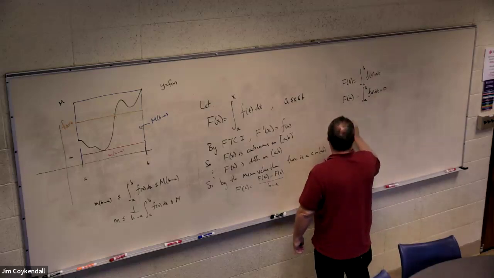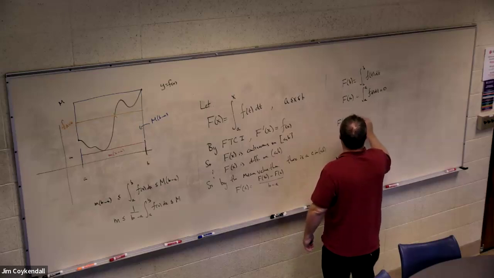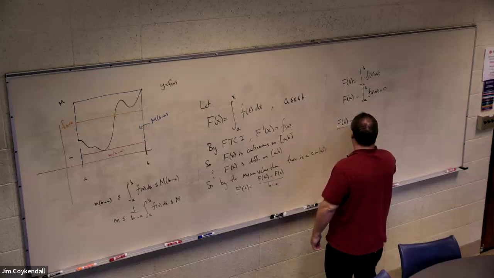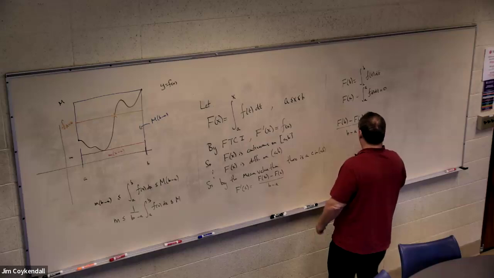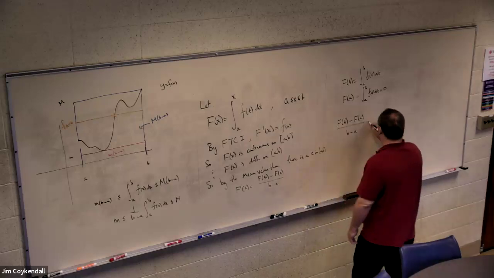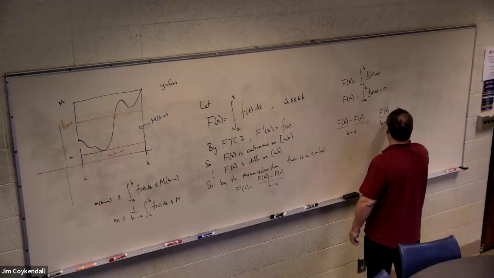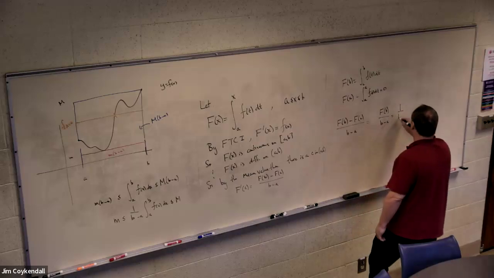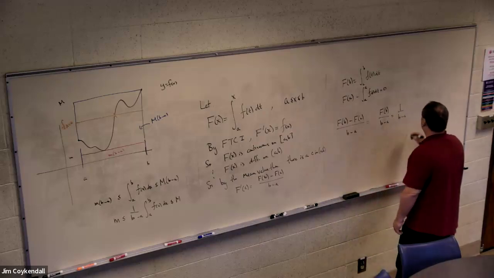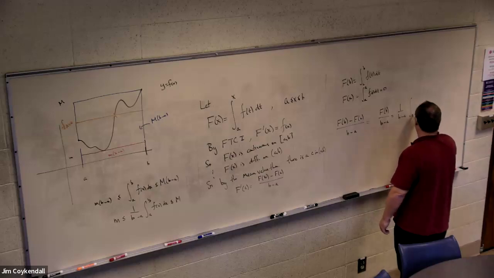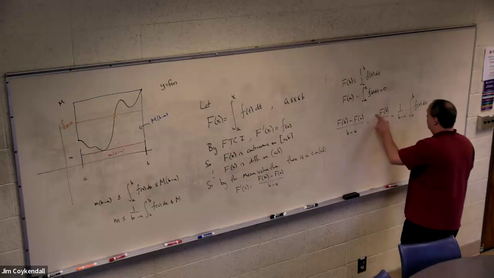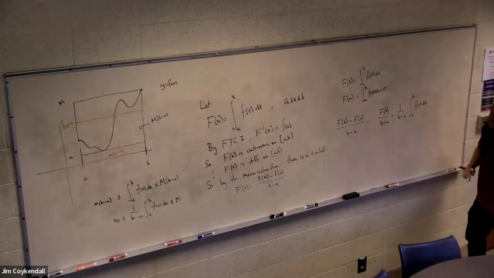So F of B minus F of A, over B minus A, is equal to F of B over B minus A, which is 1 over B minus A times the integral from A to B of f of t dt, because that's what F of B is.